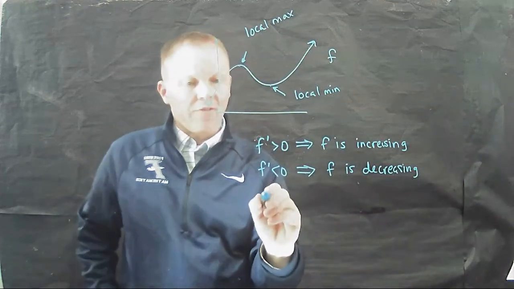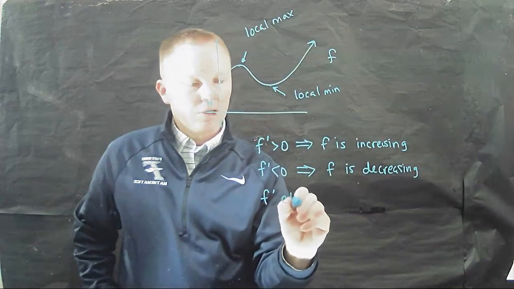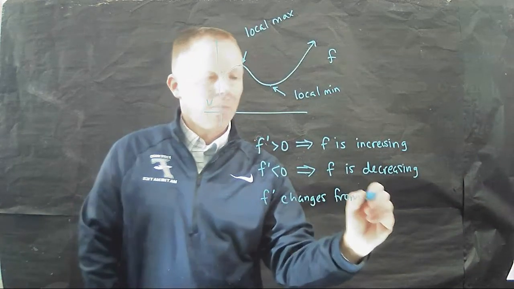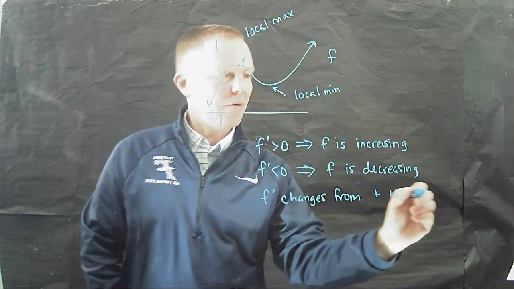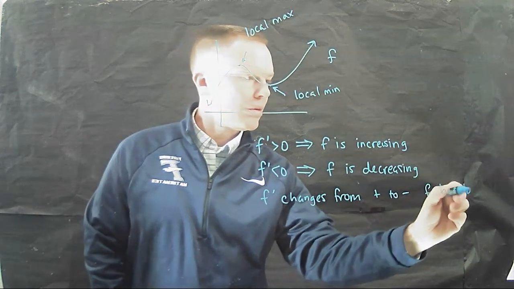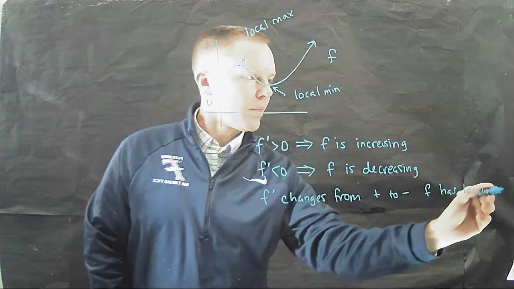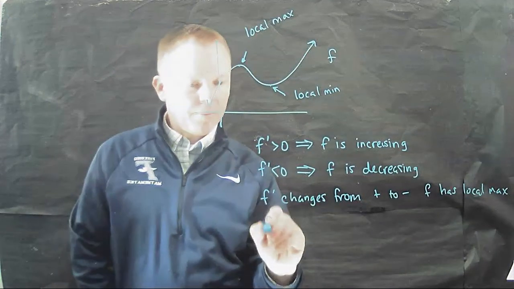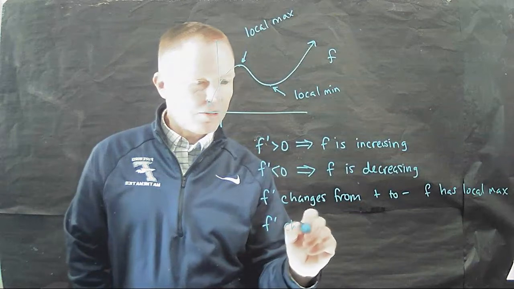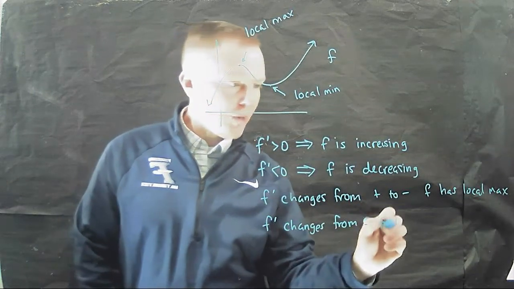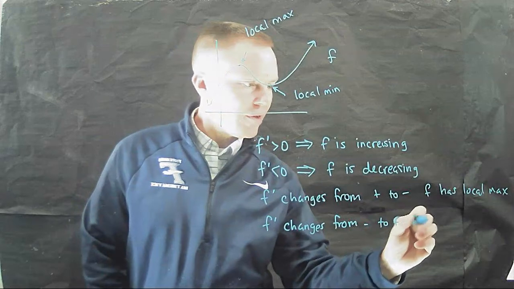So we know that if f prime changes from positive to negative, f has a local max. And if f prime changes from negative to positive, f has a local min.